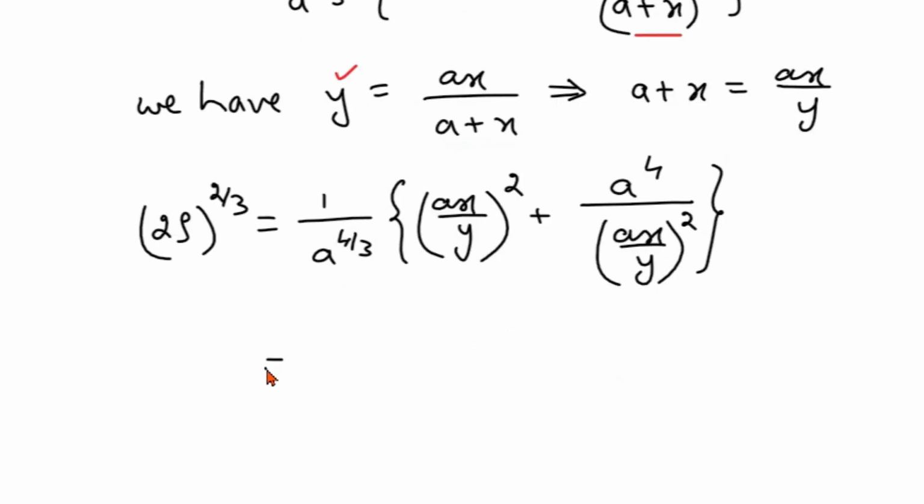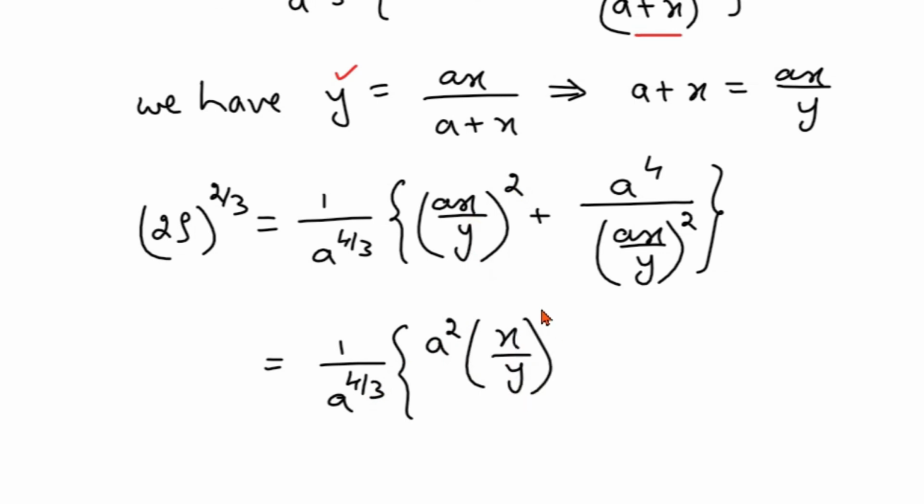This will be equal to 1 by a power of 4 by 3, and if you square this, you'll be getting a square, x square and y square. Instead, you can write (x by y) whole square. So keep the square for x and y common. Plus, here you have a power of 4 divided by a square, along with that we have (x by y) whole square in the denominator.